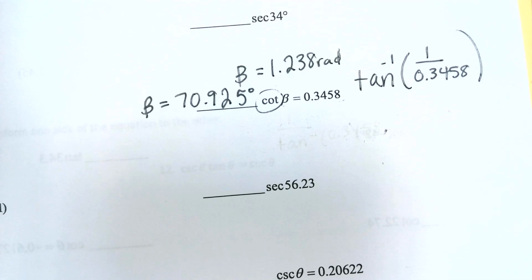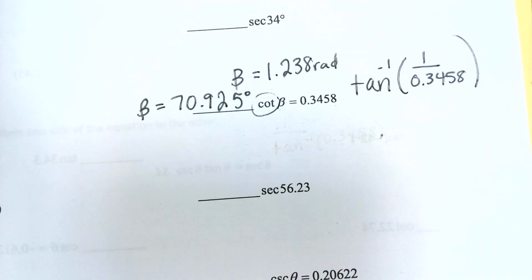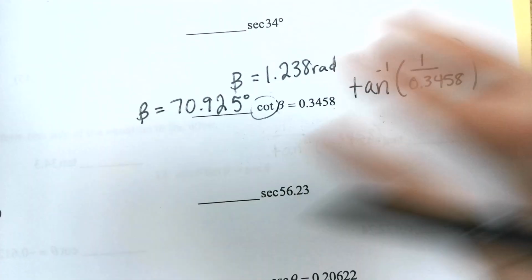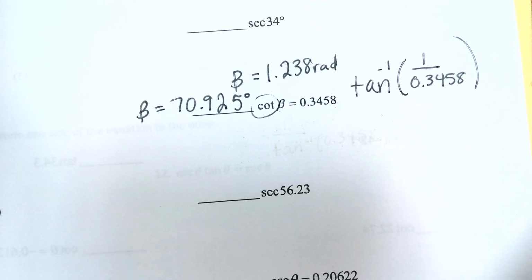It's secant 56.23. So secant, what do I use instead of secant? Because there's not a secant button. Cosine. So how do I write this?